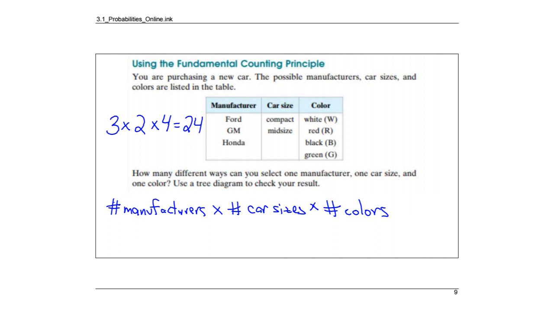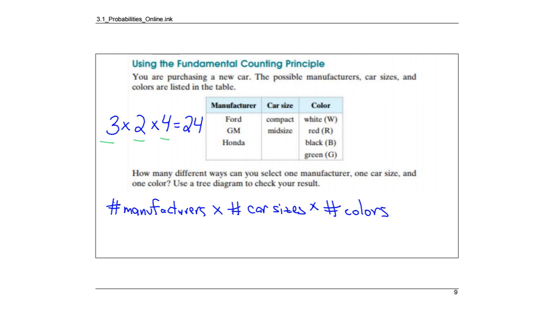So right there we have 6 different cars we're looking at. And then we're going to look at 4 different colors within each car size, within each manufacturer. So if I straight multiply the 3 manufacturers times the 2 car sizes times the 4 colors, that gives me 24 different options that I can look at.